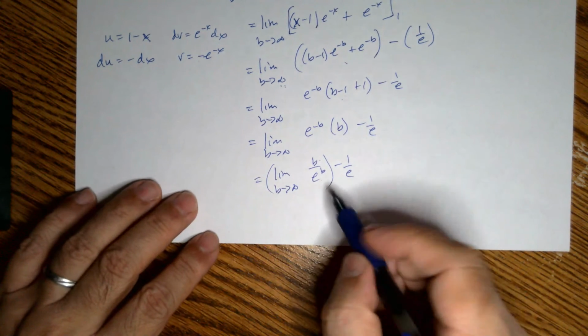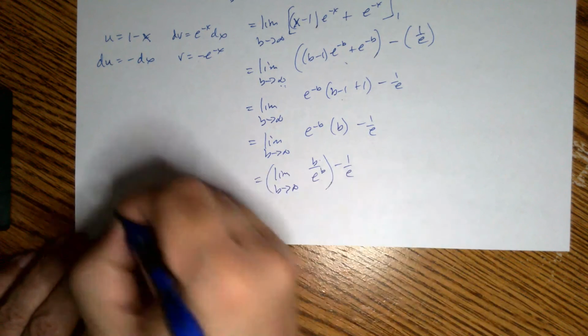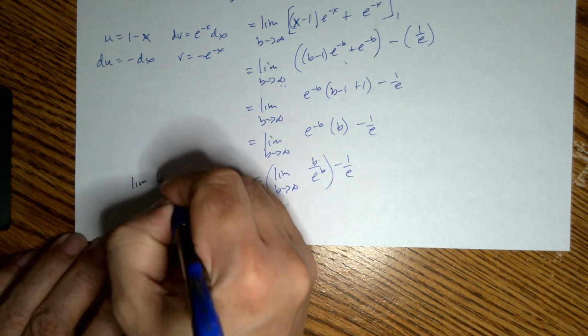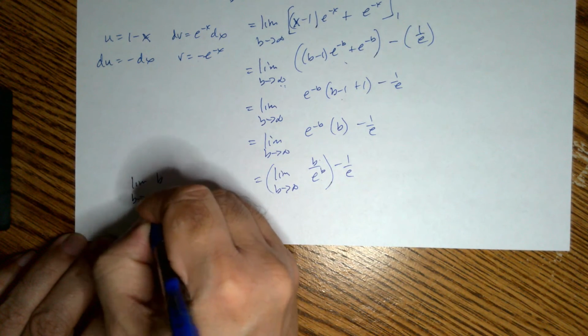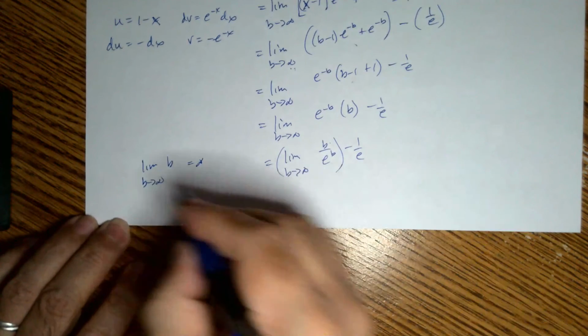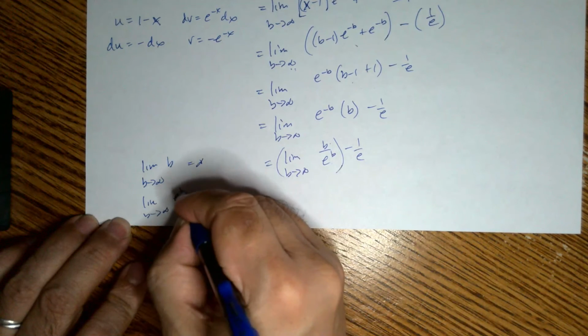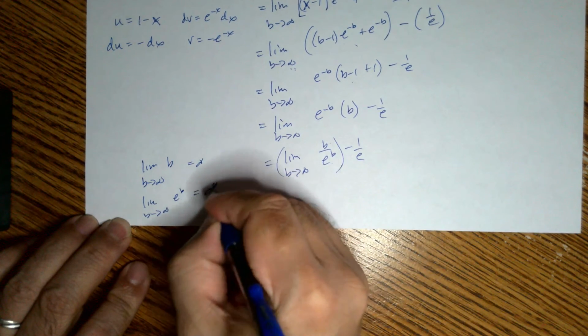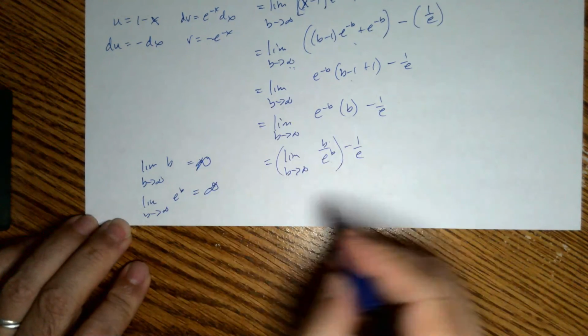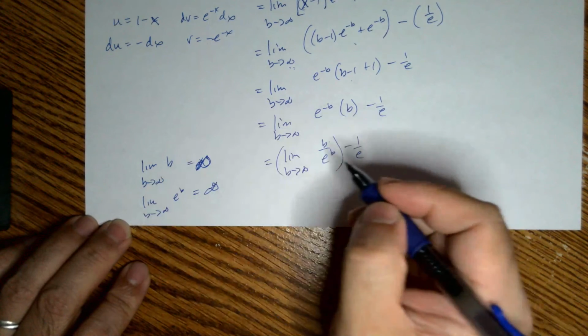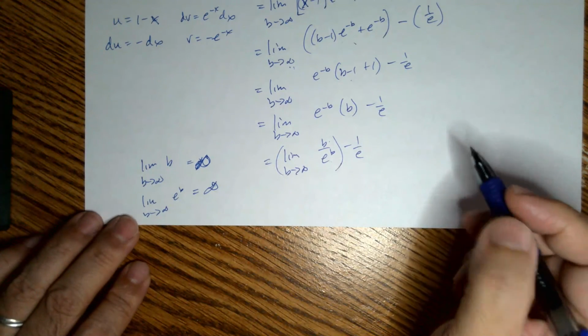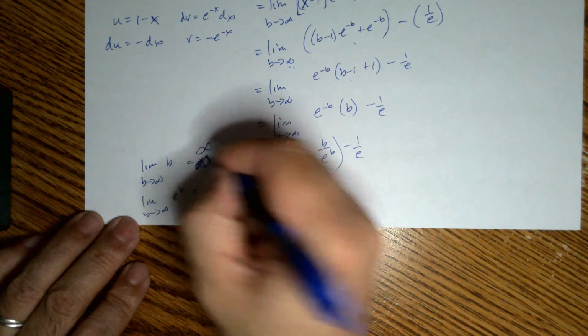So here, the limit as b goes to infinity of b is infinity, and the limit as b goes to infinity of e to the b is also infinity. That's a really ugly infinity sign. I can't get any better. Believe it or not, that's an infinity sign. There we go, that's better.